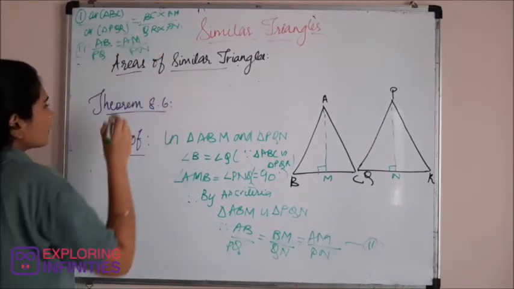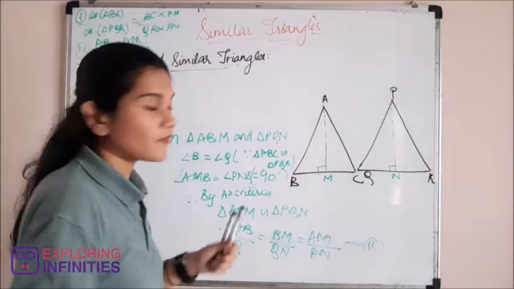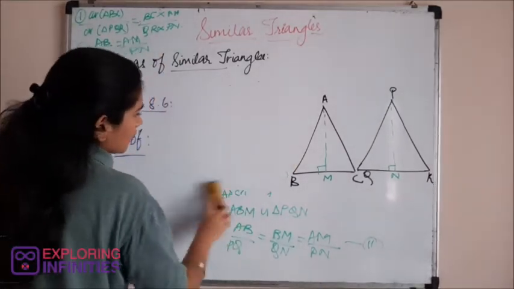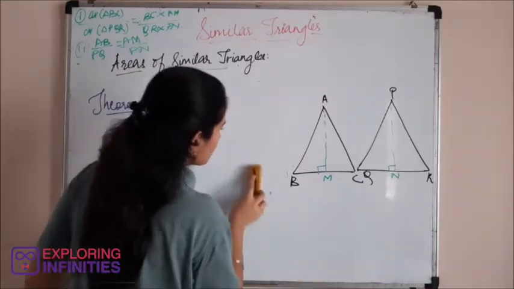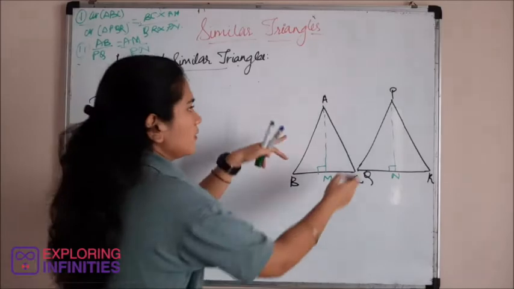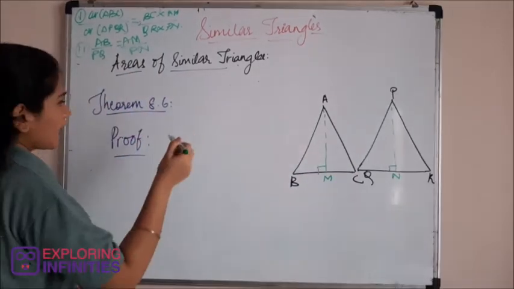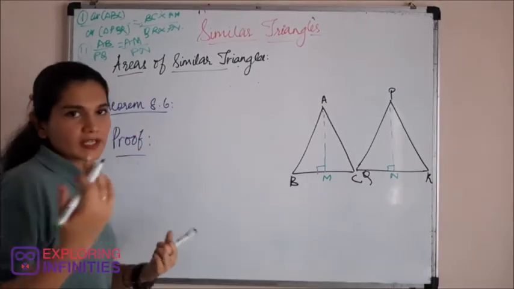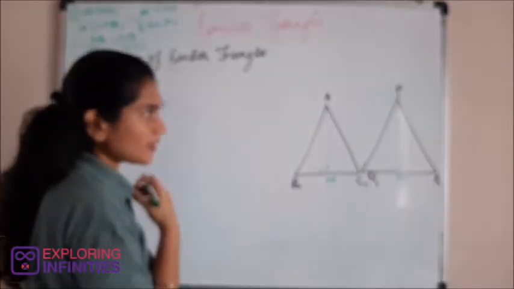So AB divided by PQ is equal to AM divided by PN. Now, if we observe, if we take the first point again, the ratio of the areas is what? If we see, then it is BC divided by QR into AM divided by PN. Now, how can we write BC divided by QR? We can write it in terms of AB and PQ also.